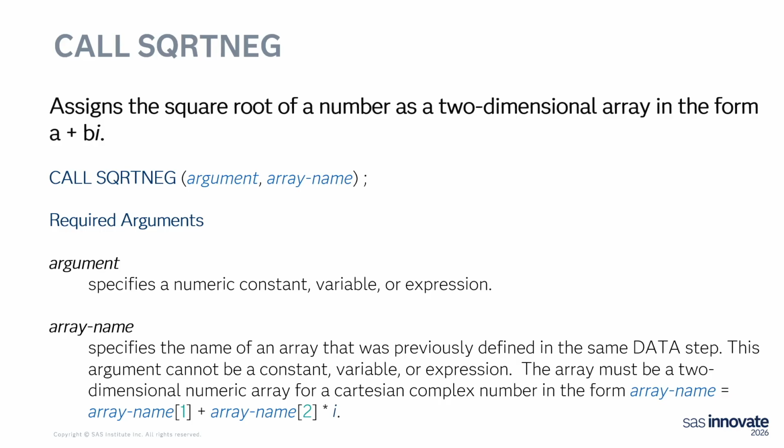And I'm putting this in a call routine. Why a call routine? Because we're going to get 2 outputs from one operation. If we only get 1 output from an operation, we can use a function. If we get more than 1 output from that operation, we need to use a call routine, and then we're going to assign it to a declared array. Everybody with me? Good? I see lots of nodding heads.